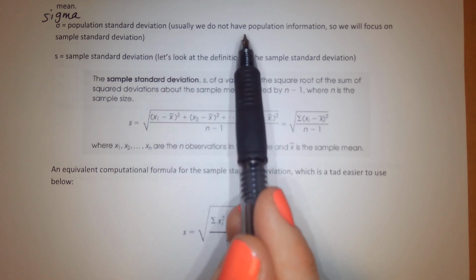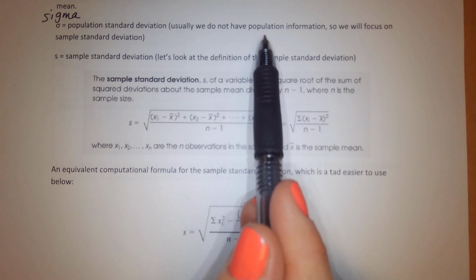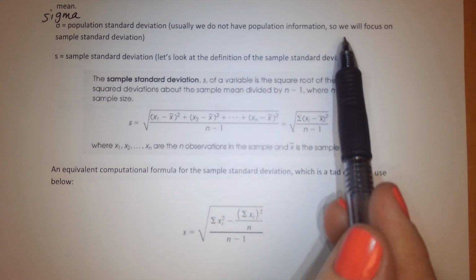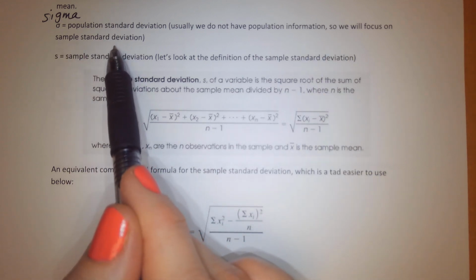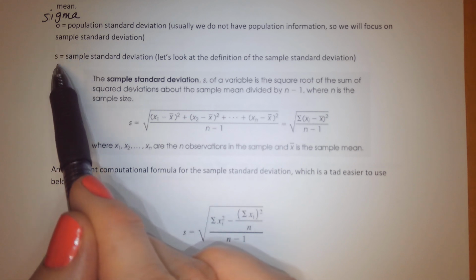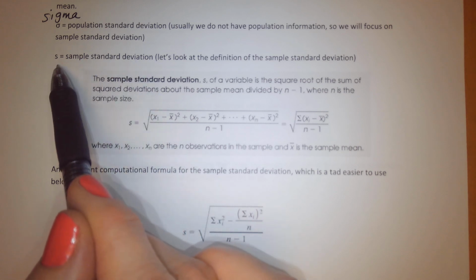We usually actually don't have this information because generally we don't have all of the data from the whole population, since it's really hard to gather all of that. So we're probably just going to focus on sample standard deviation for the rest of this book. Sample standard deviation is designated by the letter S. So sample standard deviation is lowercase.